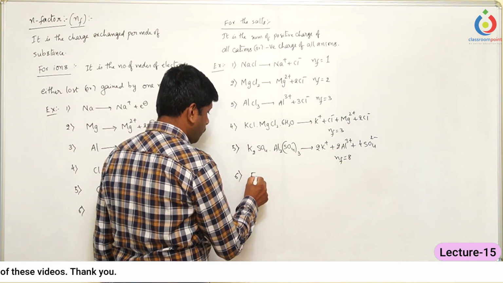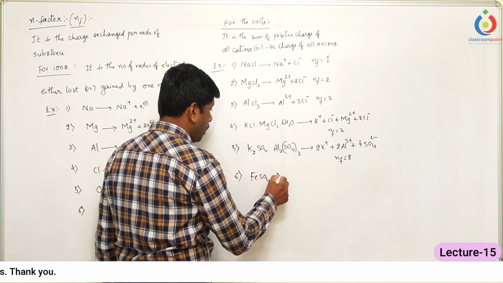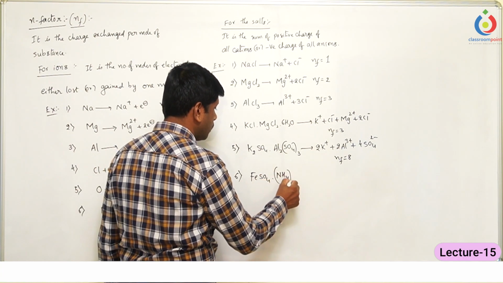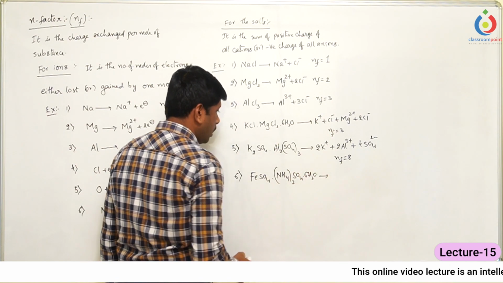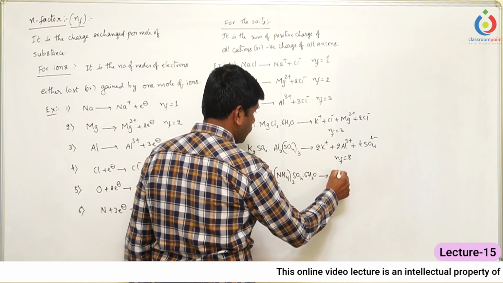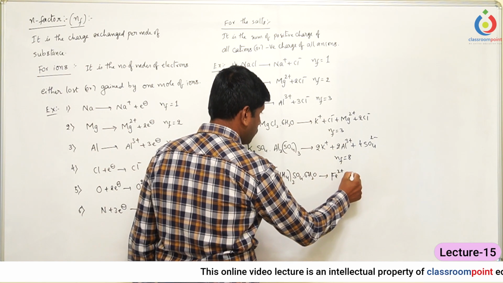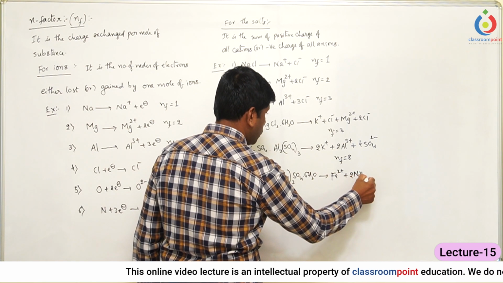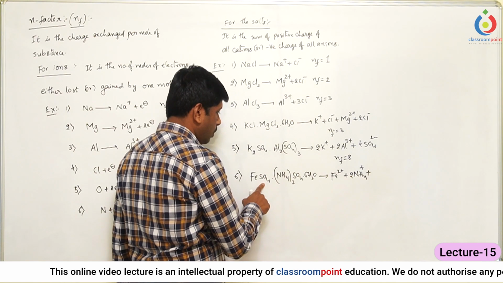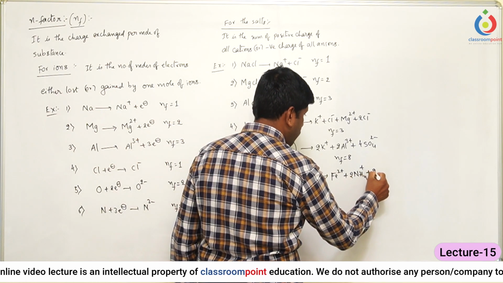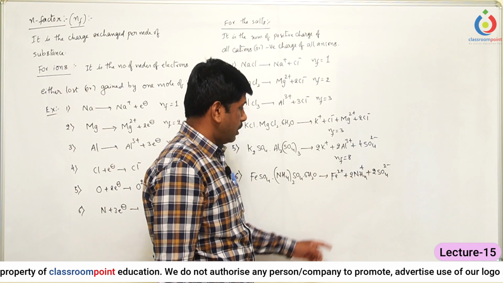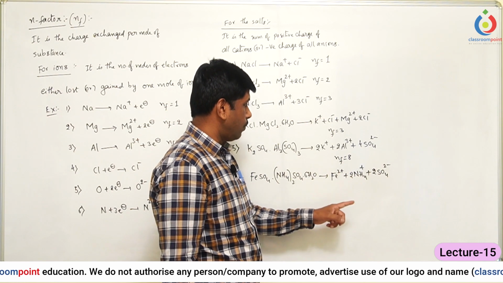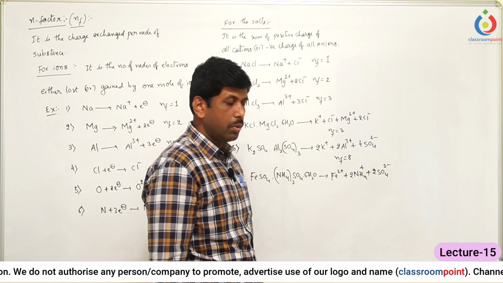Next, ferrous sulfate, ammonium sulfate, 6H2O. It dissociates into the Fe2+ ion, 2 NH4+ ions, and totally 2 sulfate ions. So the total positive charges: 2 plus 2, 4, or else 2 into 2 equals 4.